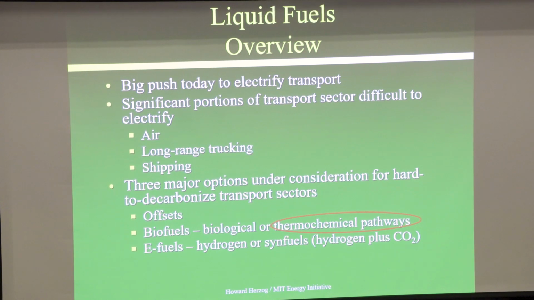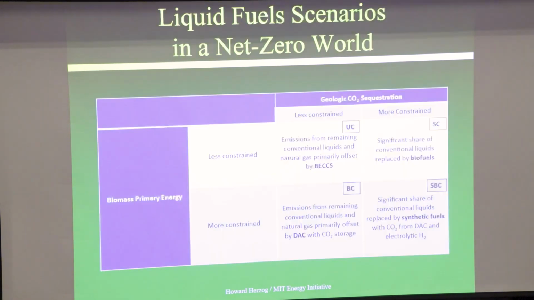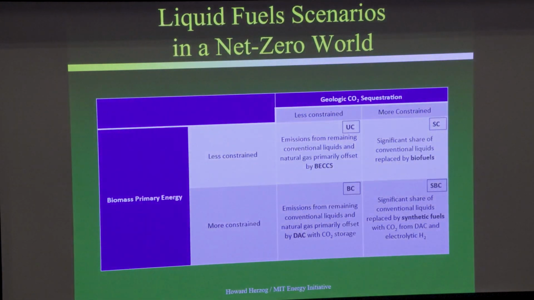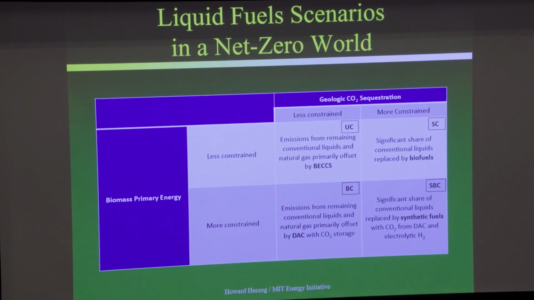I do have a thermochemical pathway example, but I'm probably going to do that after break. But before I get to that, we actually did some work recently. We just submitted a paper on this topic, where we looked at all the different energy economic models and what they were predicting for future liquid fuels.